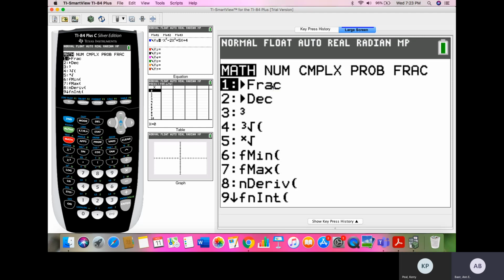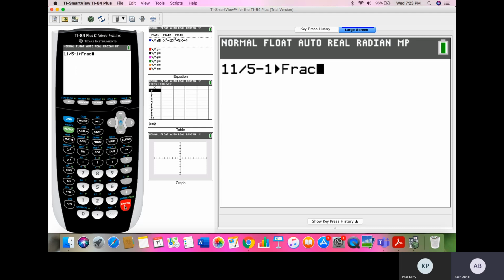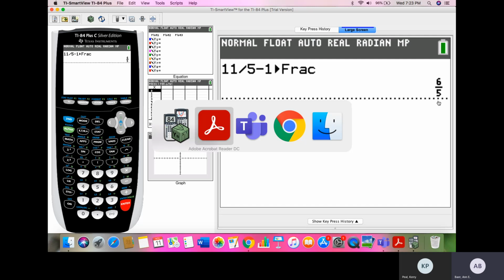So it's math, enter, enter to convert to a fraction. So we've done the math. Let's do the enter key twice. And you see I get 6/5 over to the side here. So this is equal to 6/5. This is very handy to have.